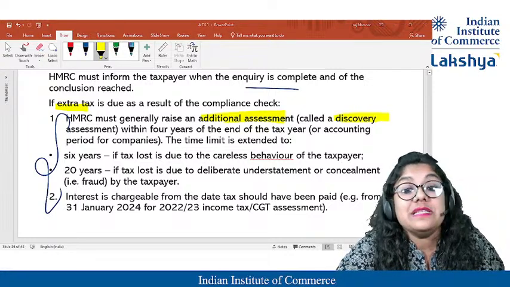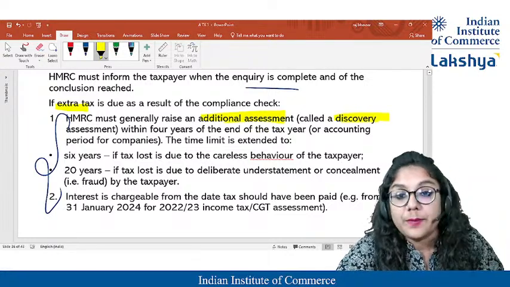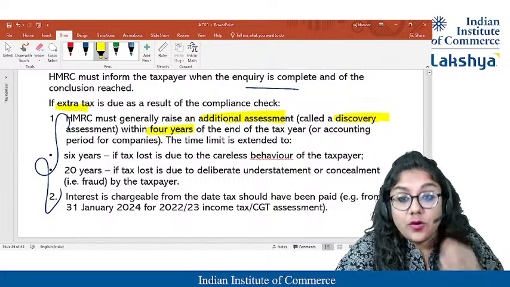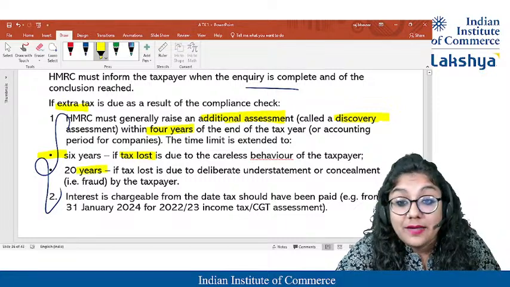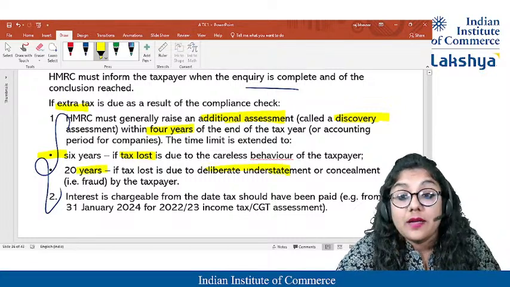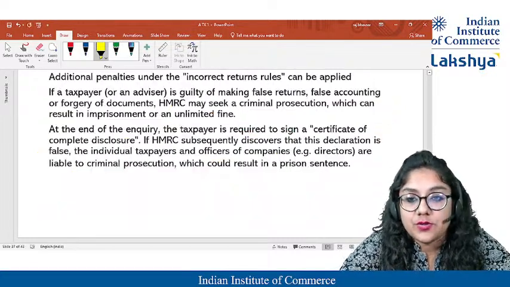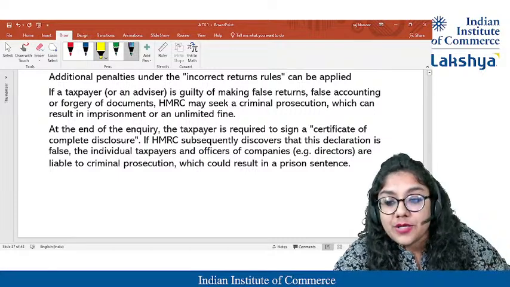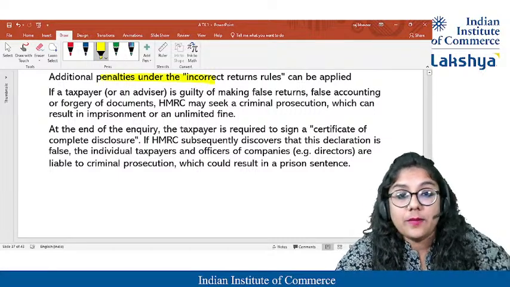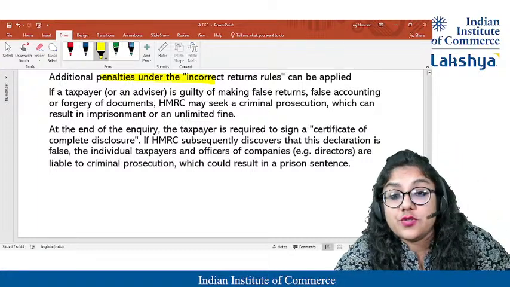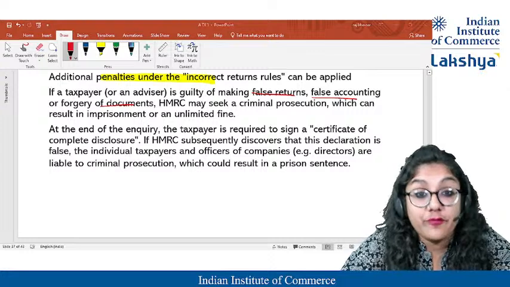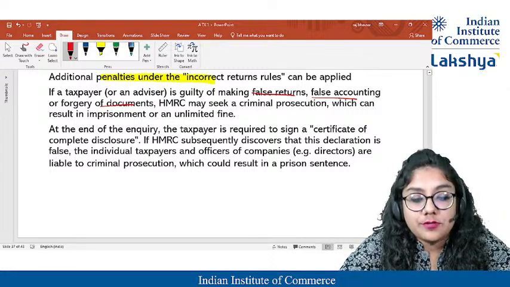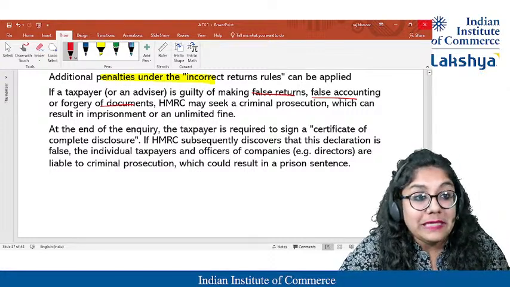The term discovery means I want the amount back within 4 years, or 6 years if it was tax lost through carelessness, 20 years if it was deliberately understated for fraud, and they can charge interest on that. Additional penalties can also be liable if they are making any return which is known as a false return, false information, false accounting, forgery and all. So they have to maintain all those records clearly.